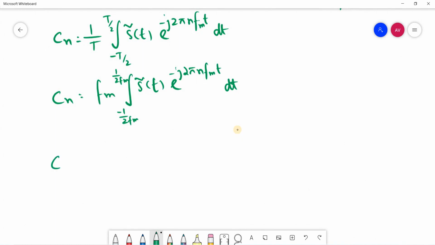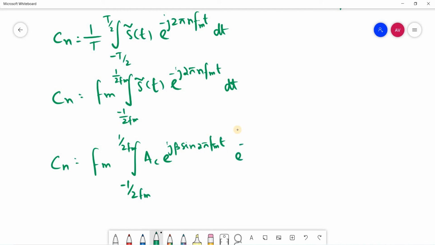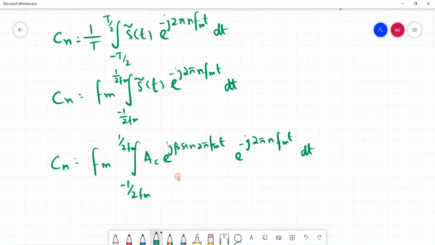So Cn is equal to Fm times integral minus 1 by 2 Fm to 1 by 2 Fm, AC e power j beta sine 2 pi Fm t, into e power minus j 2 pi n Fm t, dt. This is how we can find the Fourier series coefficient.